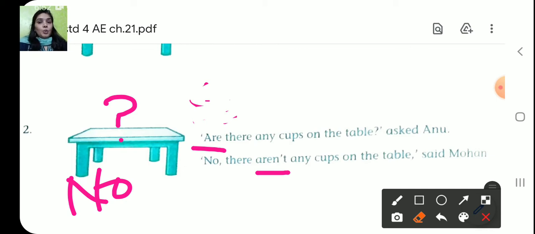So you write no, there aren't any cups on the table. If I ask, is there any cup on the table? You will write no, there isn't. So your answer is no, there aren't any cups on the table, said Mohan.